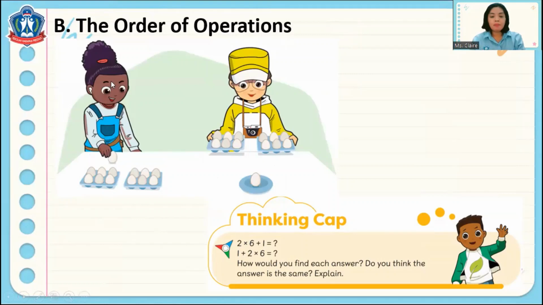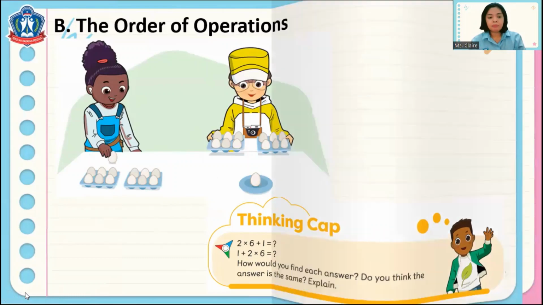For the boy, we have 2 times 6 because there are 2 groups of 6, plus 1. Or we can also calculate by 1 plus 2 times 6. If we are going to calculate these two problems, can we get the same answer? And what is the answer, children? Okay, share your answer during our class.